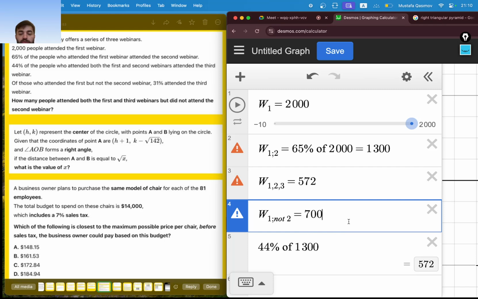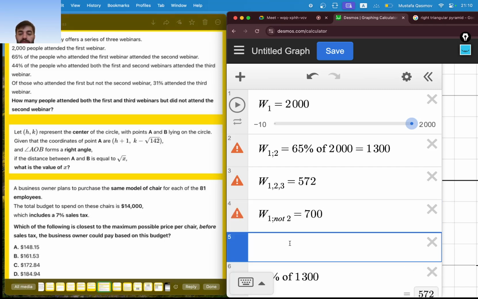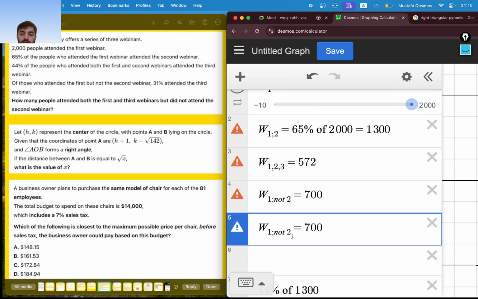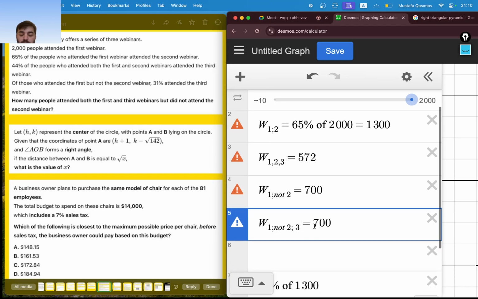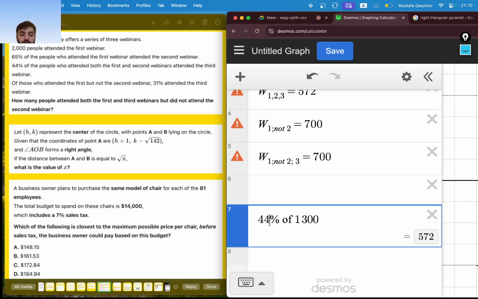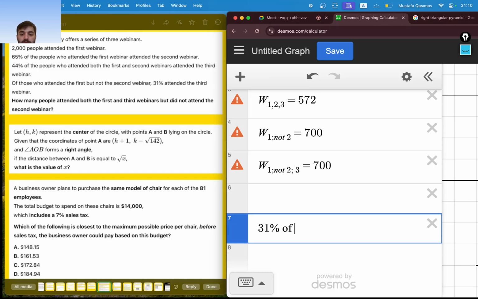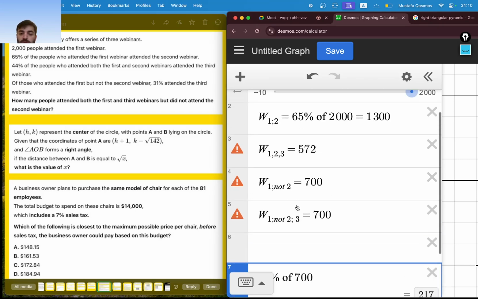Okay, 31% who attend the first one but do not attend the second one will participate in the third one. 217.